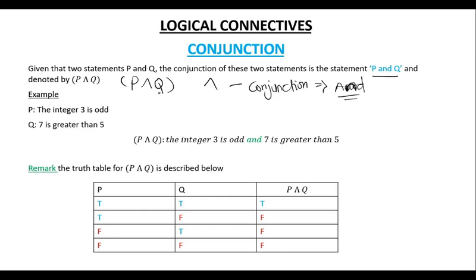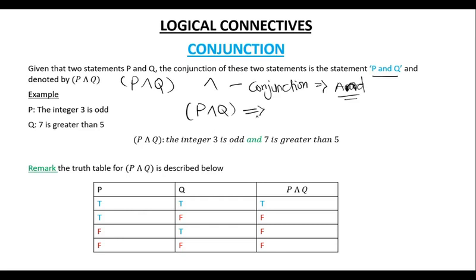Example number 1. We have P, that is the original statement or the first statement. The integer 3 is odd. Then Q, 7 is greater than 5. Now these are our two statements. Now if we are being asked to write the conjunction between these two statements, that is P and Q, how do we write this?